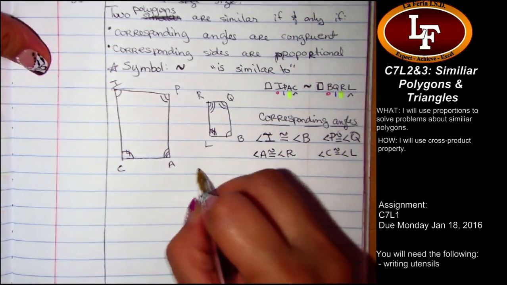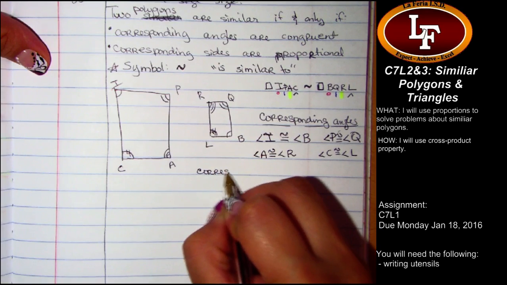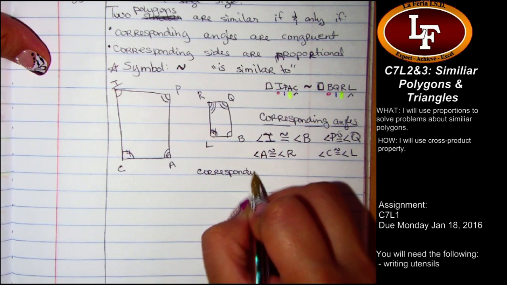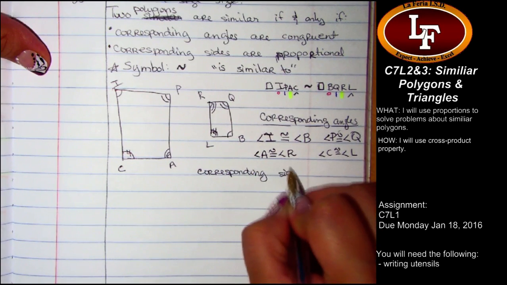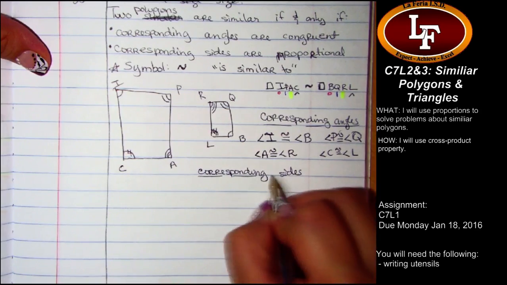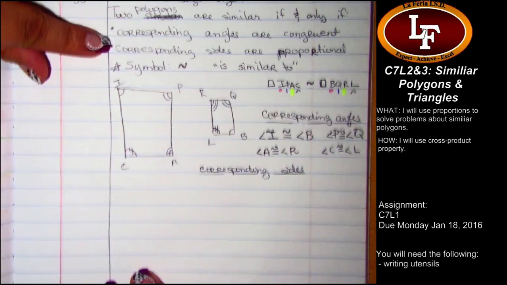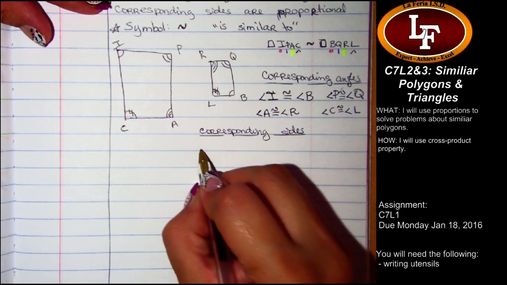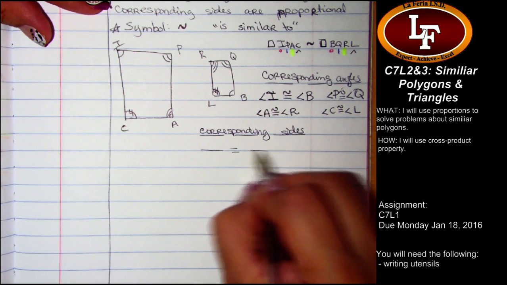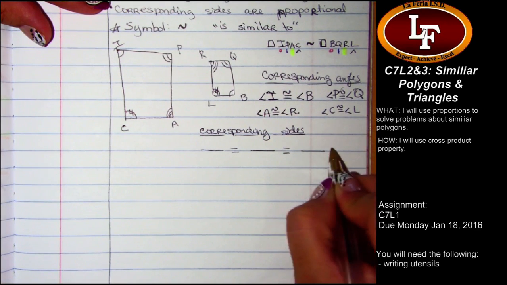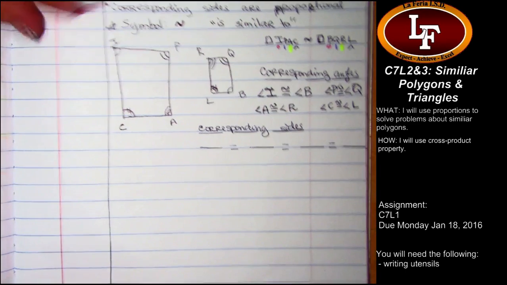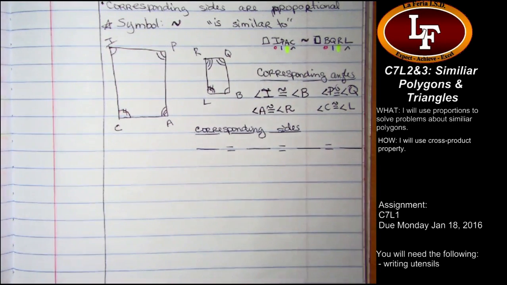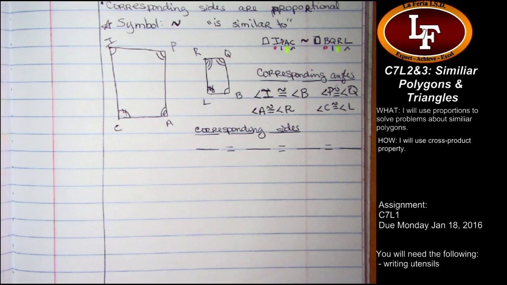The next thing for us to do is figure out our corresponding sides. But more than this, we have to make sure that we write them in a proportion, which means we're going to be writing a long series of fractions that are all equal to each other. Our first choice is to figure out which side corresponds to which other side.